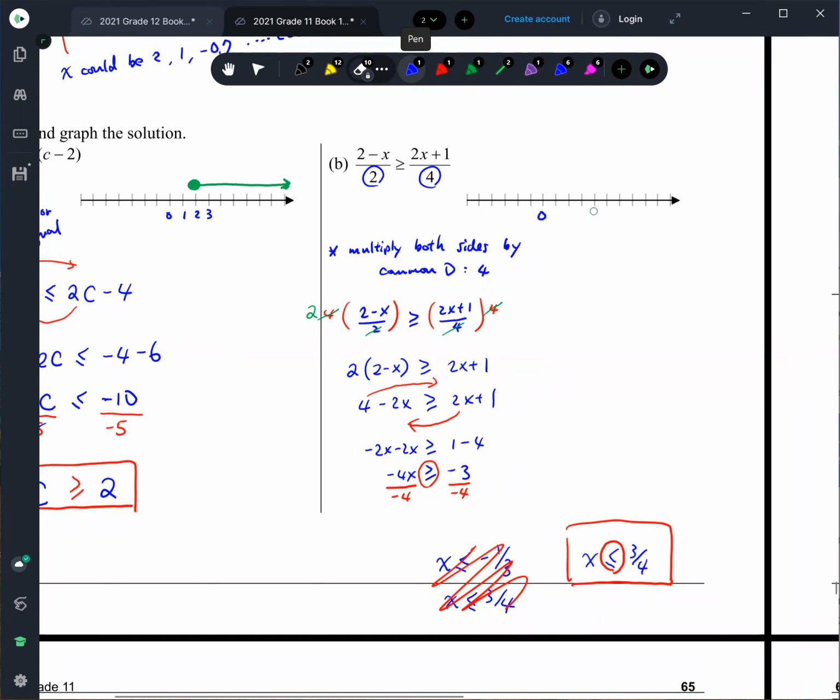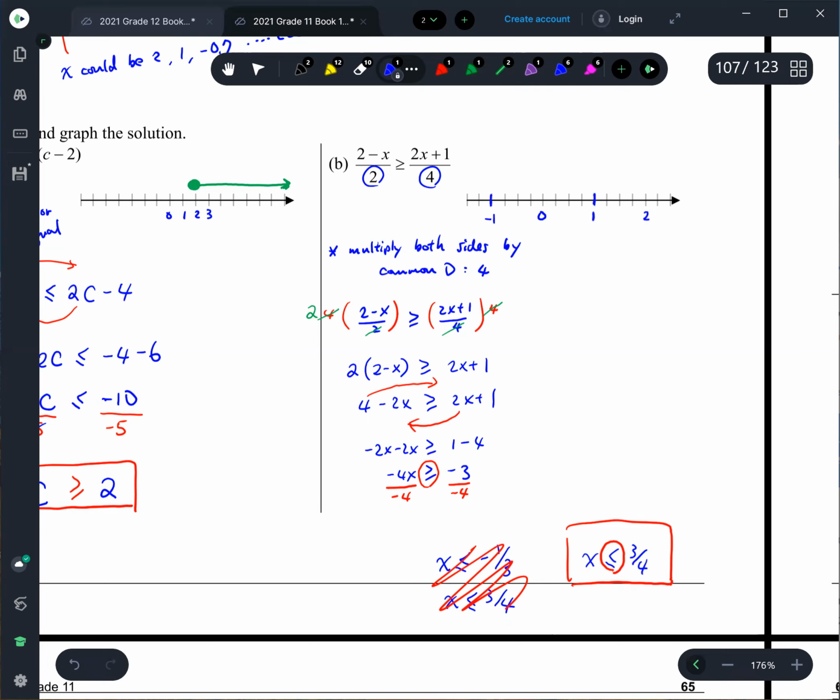So this will be 1. And then 1, 2, 3, 4, this will be 2, right? 1, 2, 3, 4, negative 1. So that way you can show the fraction very clearly.